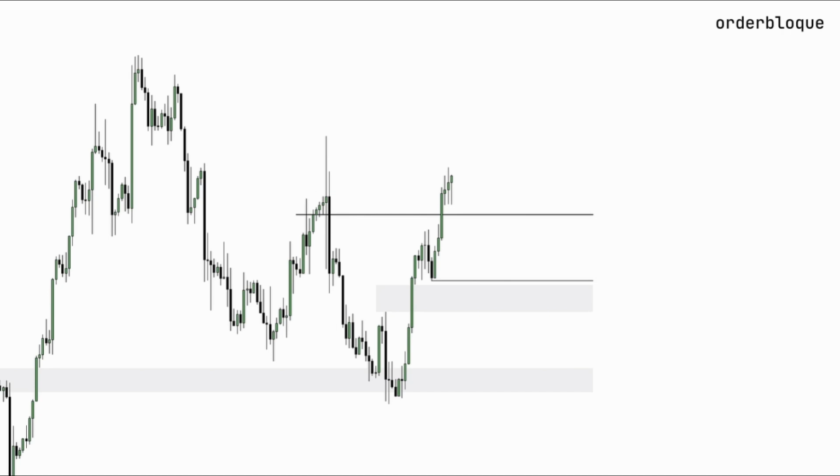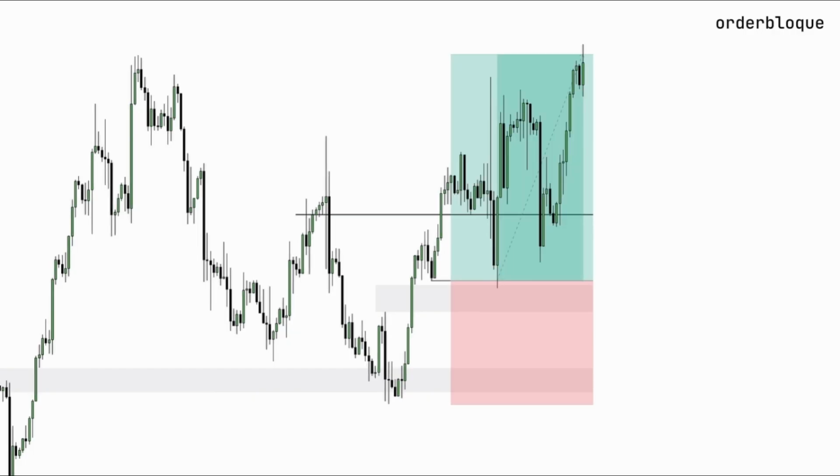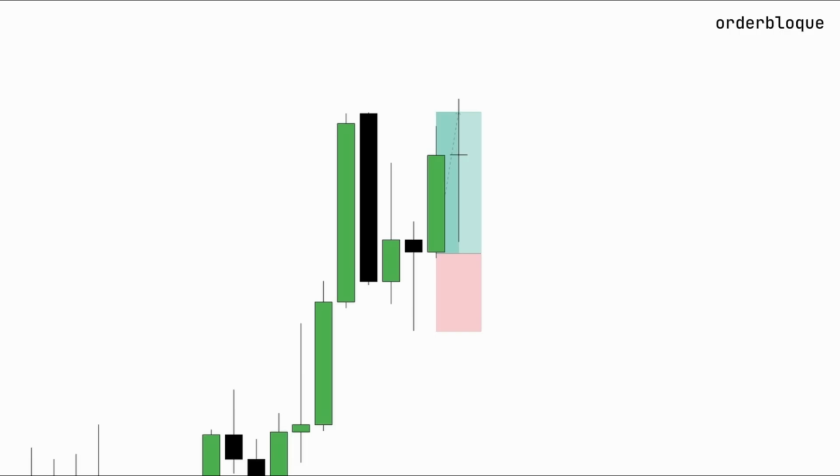Thus, if the zone we are working with is an order block, the position can be opened from the 4-hour fractal low, which almost coincides with the daily FVG, setting the stop loss behind the extreme. An alternative option is opening a position directly from the FVG without an additional element. In the end, we achieved a risk-to-reward ratio of 1.82 to the target.